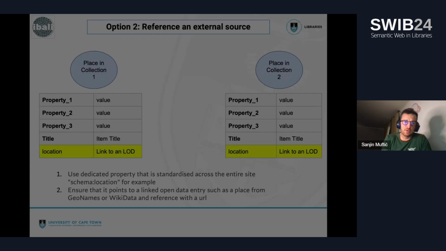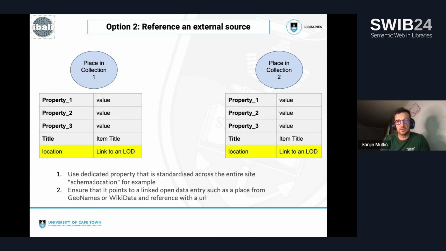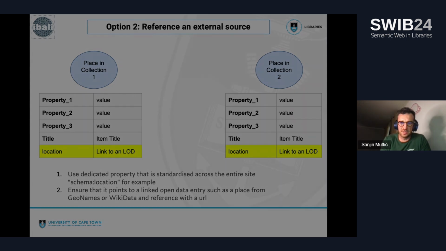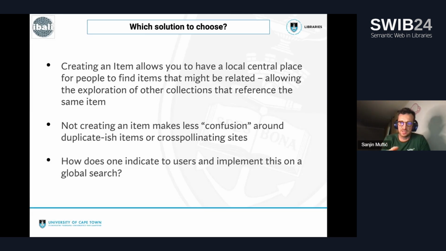Or is it simpler to just have each site describe it as they wish, but to include one specific metadata field, such as location, to link it back to something like GeoNames or Wikidata that has that place connected to it? This is something that we still haven't settled on, because we see the pros and cons on both. We like the fact that you can see items across, but we also recognize that certain people's sites don't want to have conflicting metadata or metadata from another site being presented on it.